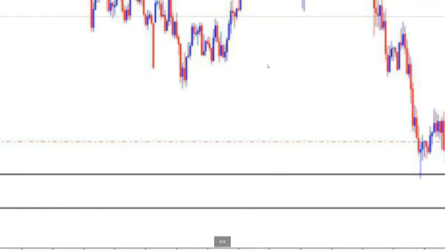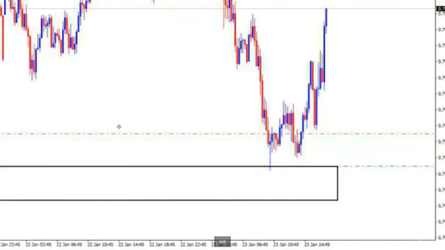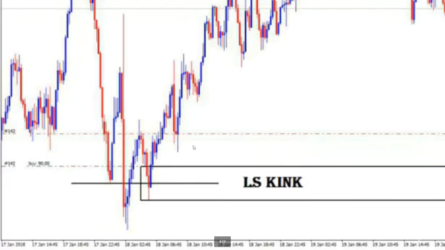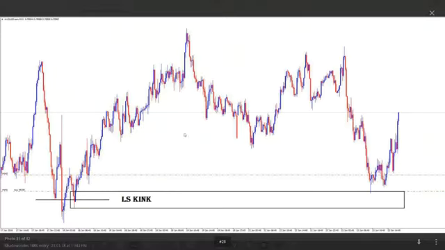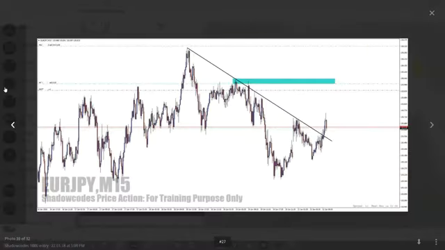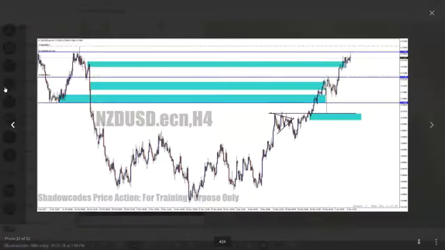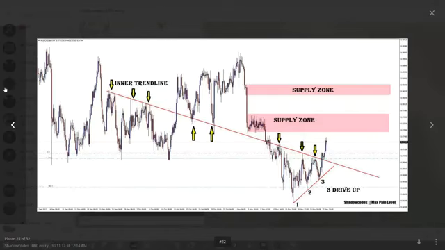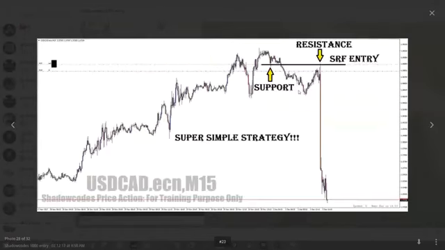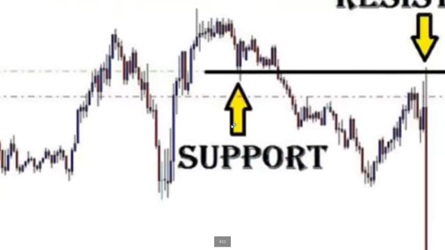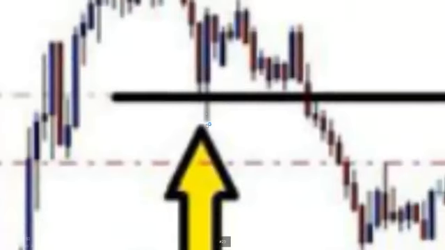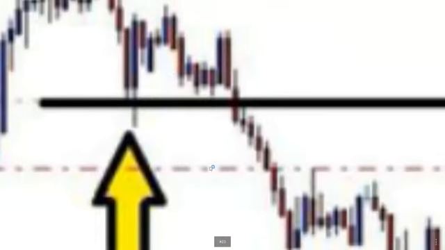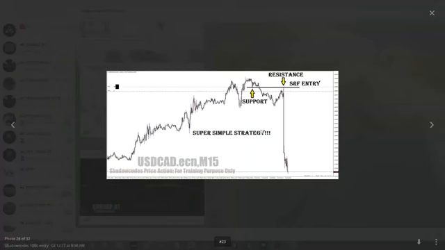This is 90 lot and this is a sniper entry. I think I used a different setup for this, sorry. This one. See? Shadow codes type 1 at the SRF. Enter, float a little bit, and then went down.